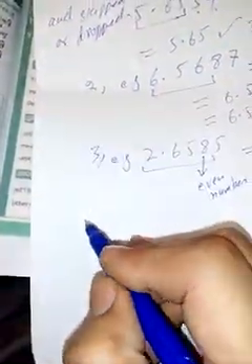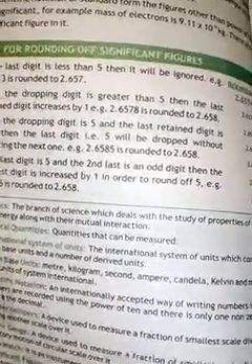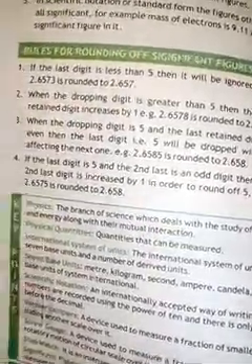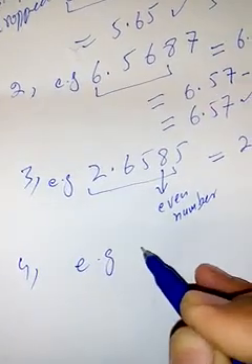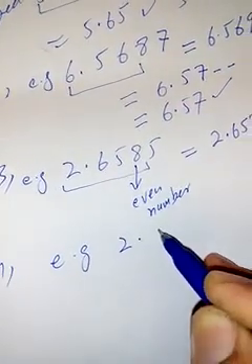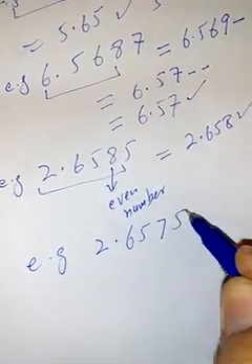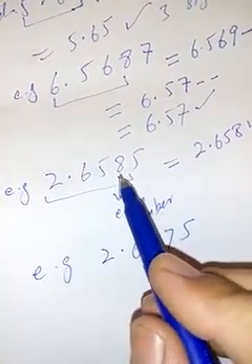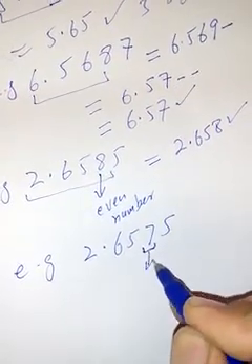Now the last rule, rule number 4: if the last digit is 5 and the second last is an odd digit, then the second last digit is increased. Now against this, if we take a similar value, 2.6575, in the previous case the retained digit was an even number, while in this case it is an odd number.